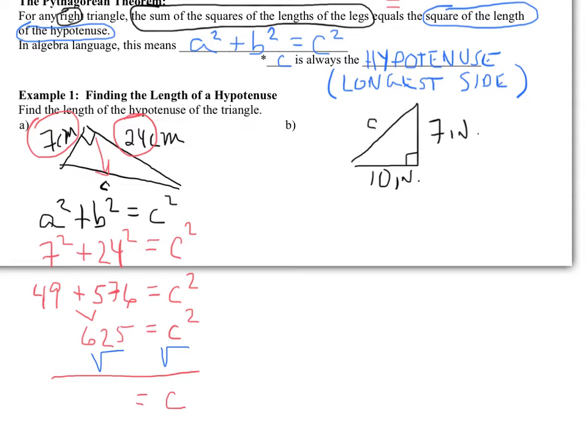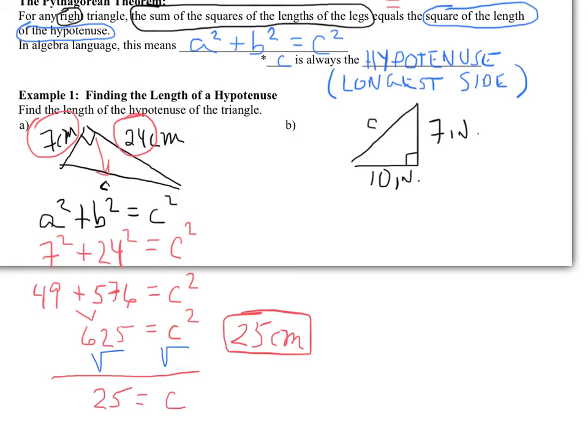When I take the square root, it would have both positive and negative, because negative 25 times negative 25 is also 625. But I'm not going to count the negative, because we would never have a side of a triangle as a negative number. So we throw it out. Our answer is 25 centimeters.